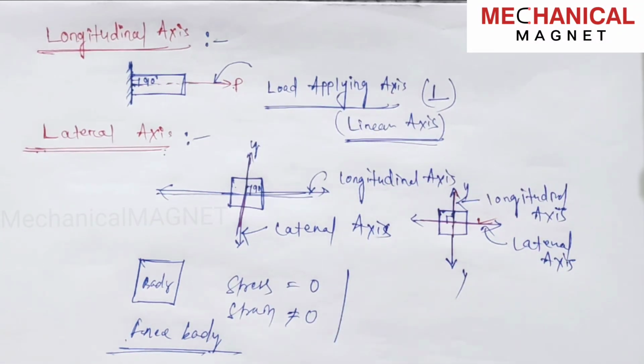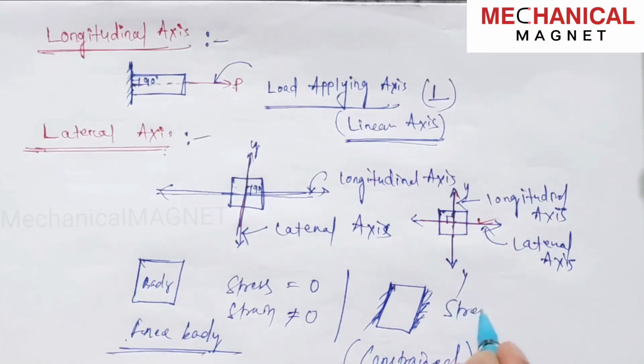You can easily understand here, a body like this is a constrained body, meaning you can see it is a fixed body, fixed from here to here. Okay, so here the name is constrained body. If a body is constrained, then what are the stress and the strain?